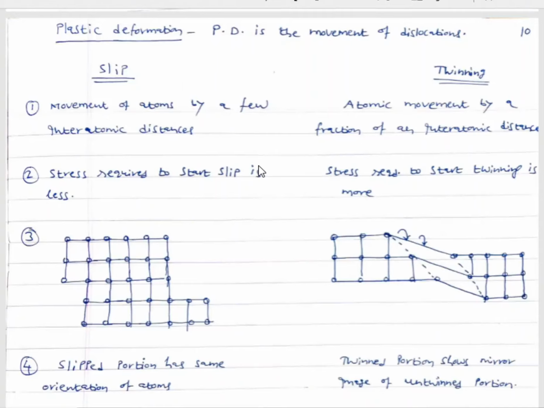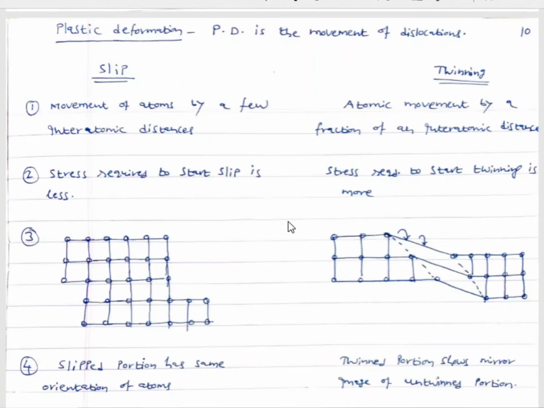Second point, the stress required to start slip is less, while the stress required to start twinning is more. However, to keep the plastic deformation continuing by the mode of slip, you will be required to apply more and more stress.